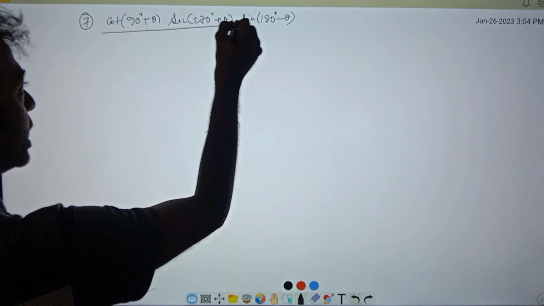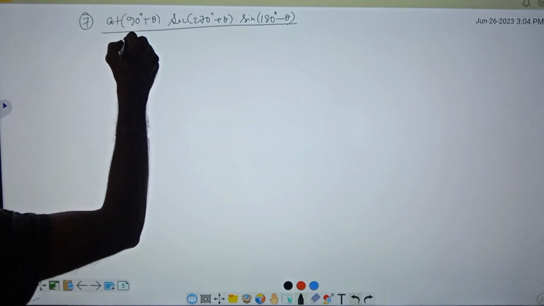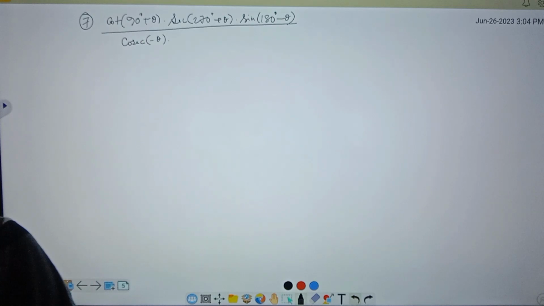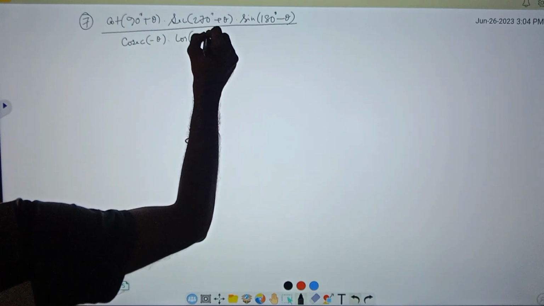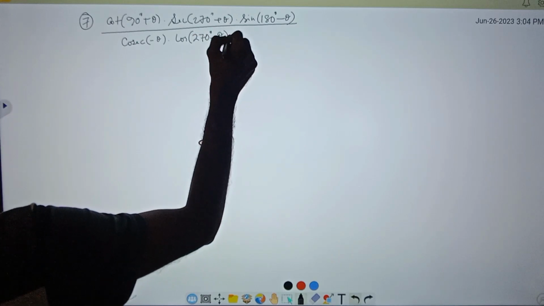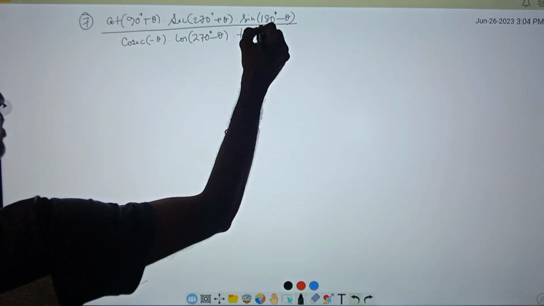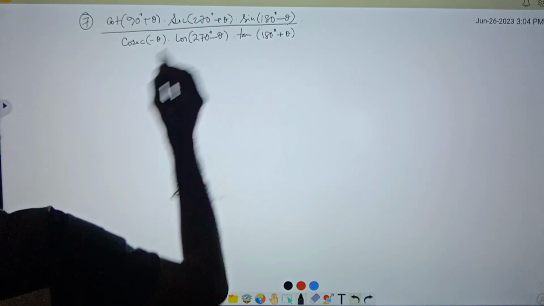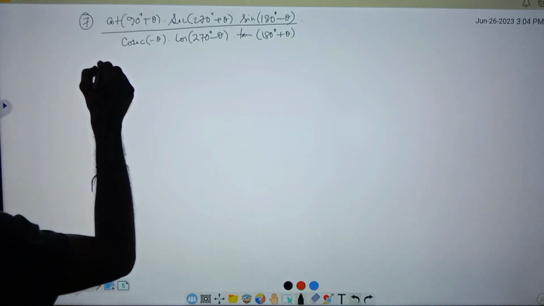After that, dividing it with cosec of minus theta into cos of 270 degree minus theta into tan of 180 degree plus theta. Now look at this one, cot 90 degree plus theta.